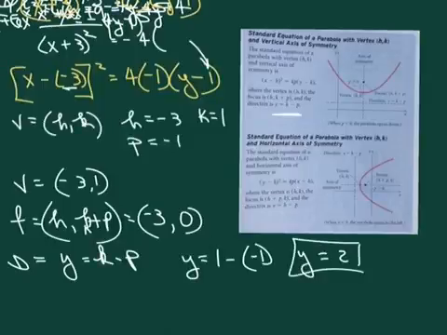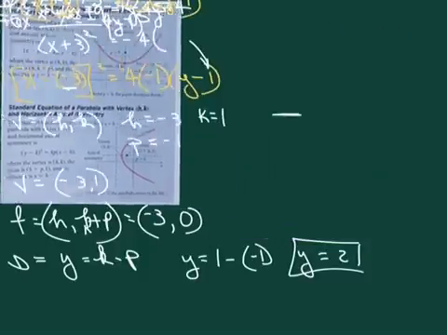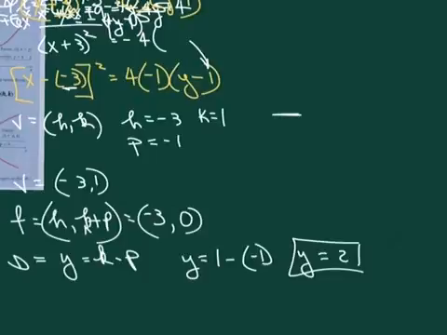That ends up being my directrix. Alright, so what do I do with that? Let's move that out of here, and let's graph this. So once you have this bit of information right here, then the graphing is easy.